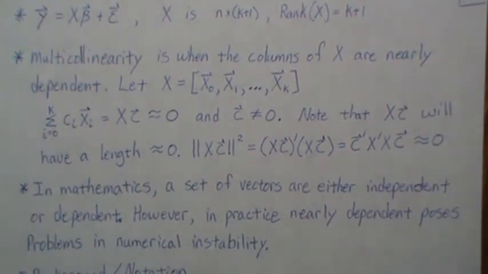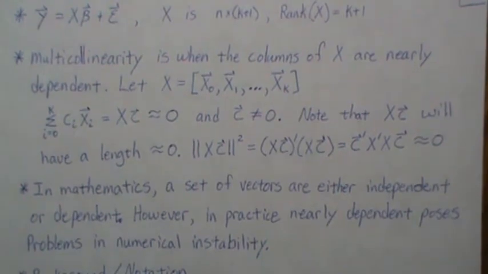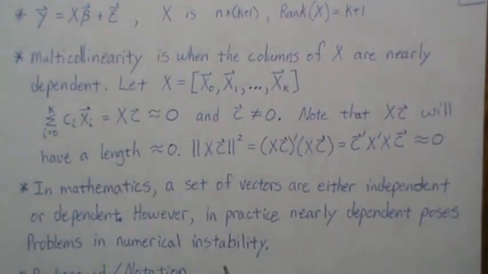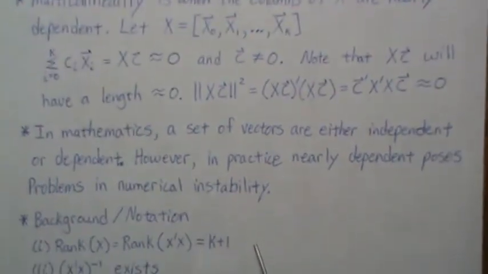However, in statistics or in practice, nearly dependent poses problems in numerical instability. So when we are finding least squares estimates, we need to take the inverse of x transpose x, and if that is nearly dependent, then it really plays havoc in our numerical calculations.